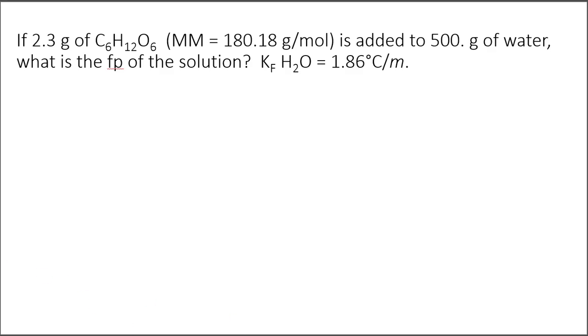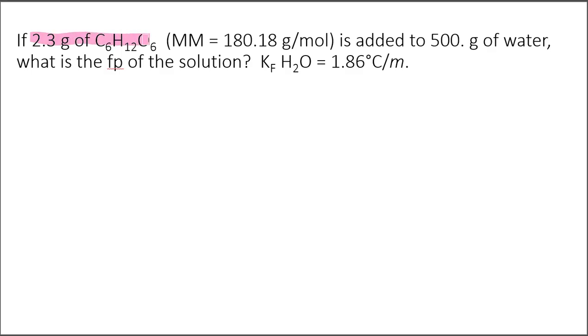If 2.3 grams of C6H12O6, that has a molar mass of 180.18 grams per mole, is added to 500 grams of water, what is the freezing point of the solution? So let's break it down into its pieces.